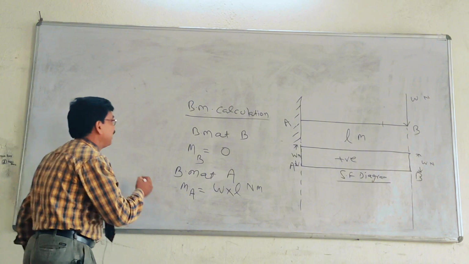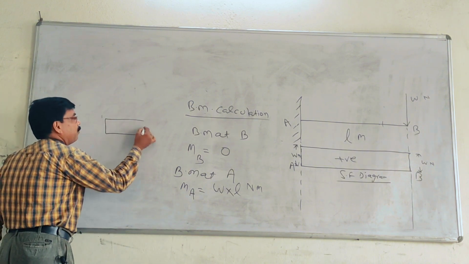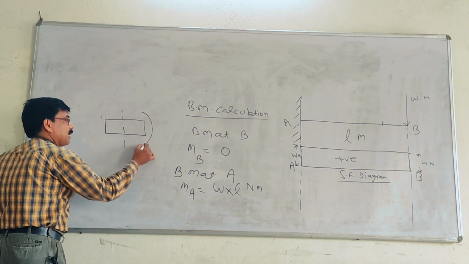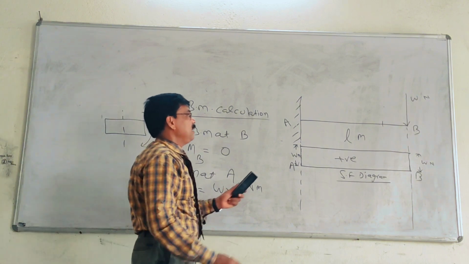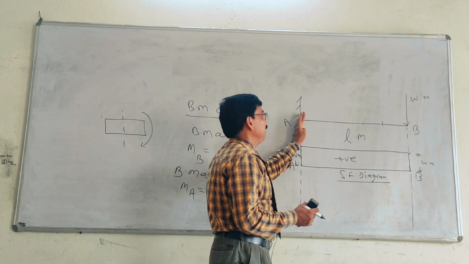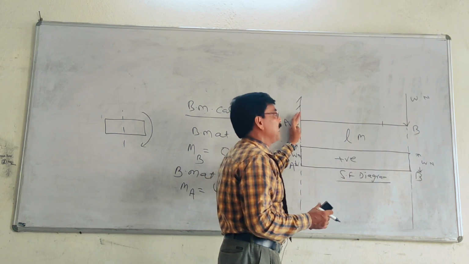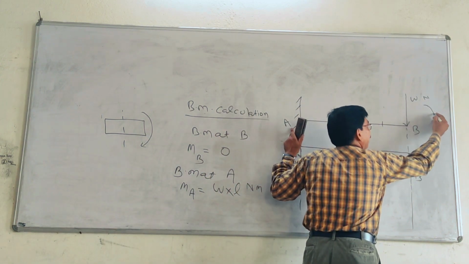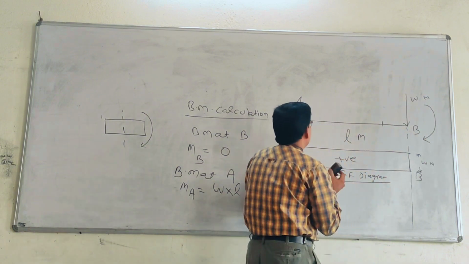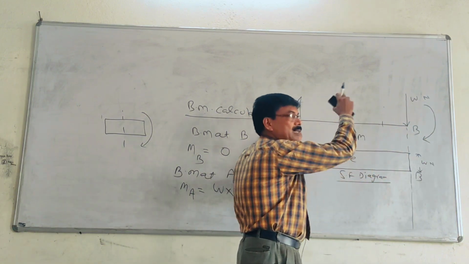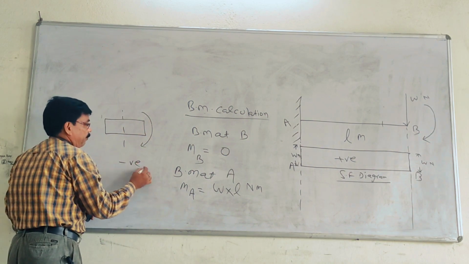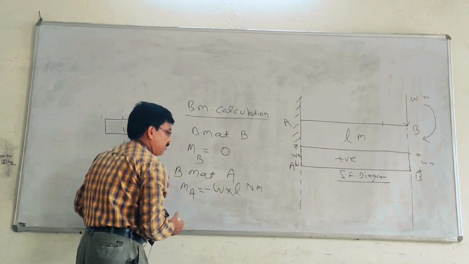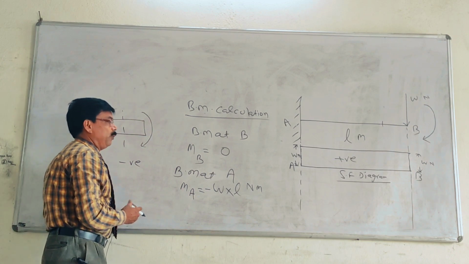Then the sign convention. Right of the section, clockwise. Now our section is at A. Right of the section, this W Newton creates a clockwise moment, so it is a negative bending moment, and the value will be minus. So at A, WL.